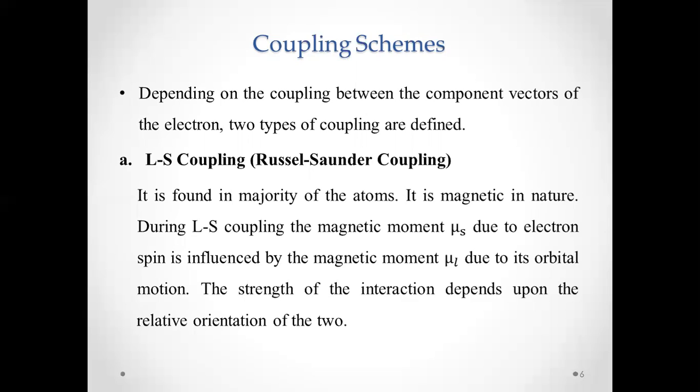That is, this LS coupling arises due to the interaction of the magnetic moment due to orbital motion and the magnetic moment due to spin motion. The strength of the interaction depends upon the relative orientation of the two magnetic moments.